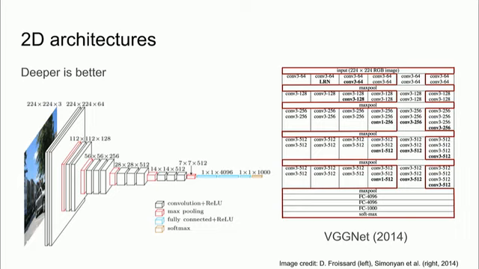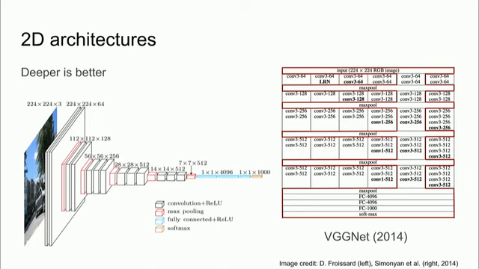Using these small filters helps us a lot for different reasons. First, using a lot of small filters instead of bigger ones introduces more nonlinearity because after each convolution operation, as I said, we go through an activation function. So first, it introduces more nonlinearity into the network, which is good.